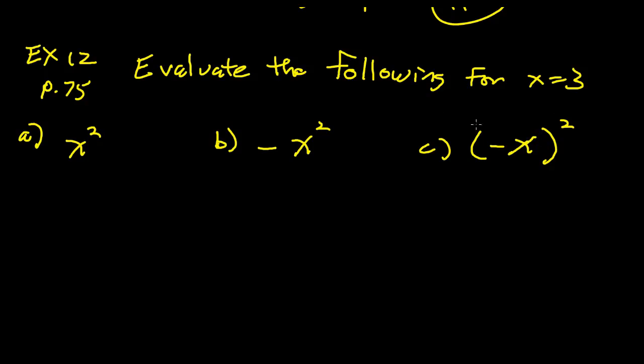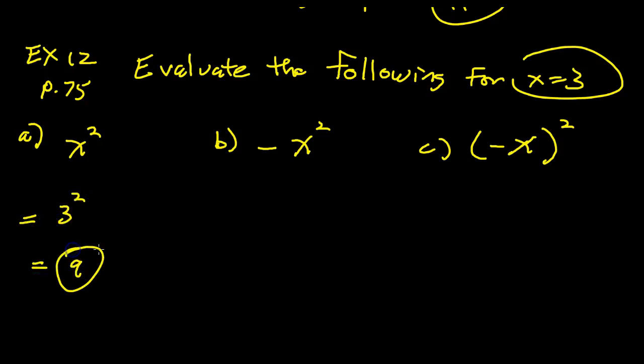All right, so let's grind all 3 of these expressions out for x equals 3. Well, this first one's a breeze, right? You just plug in 3 for x, and 3 squared is 9. That's no big deal. How about b? Again, minus x squared means this. You're squaring first and then negating according to your order of operations. All right, so that's going to be the negative of 3 squared.